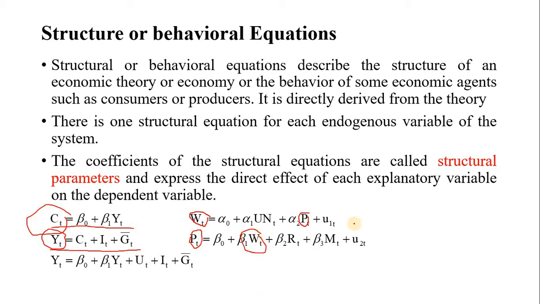We have one equation here and one equation here. In each equation, the dependent variable is one of our endogenous variables. So for each endogenous variable there will be one structural equation. The structural equation is basically an equation that is derived from a theory, and it describes the structure of that theory.